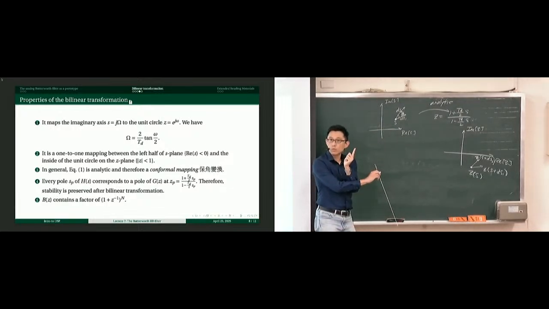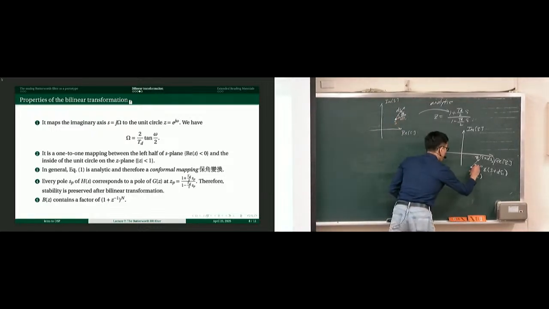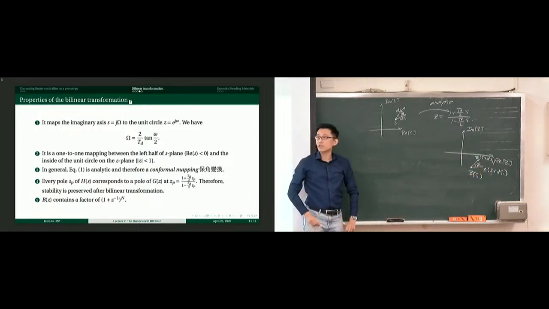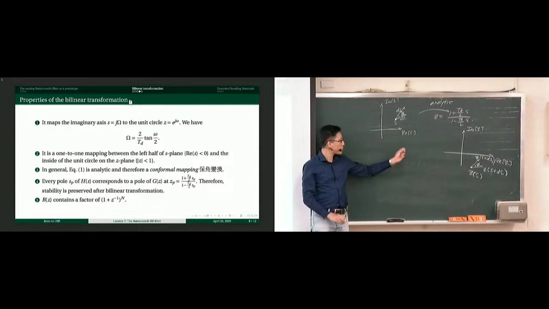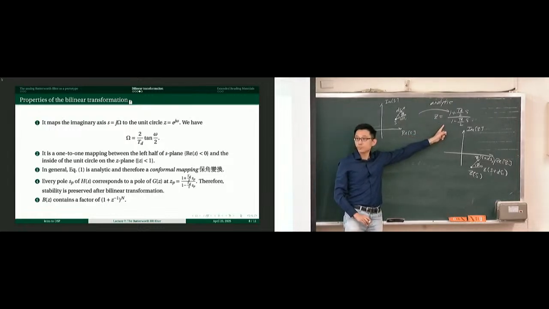That's what we mean by conformal. This angle phi is preserved after the transformation. If a transformation has this property, then we say that the mapping is conformal. We have a conformal mapping, 保角变换. And this is deeply rooted in the fact that z is differentiable.